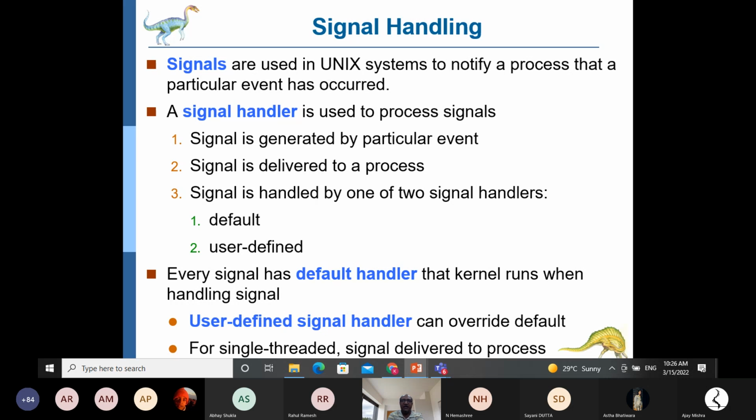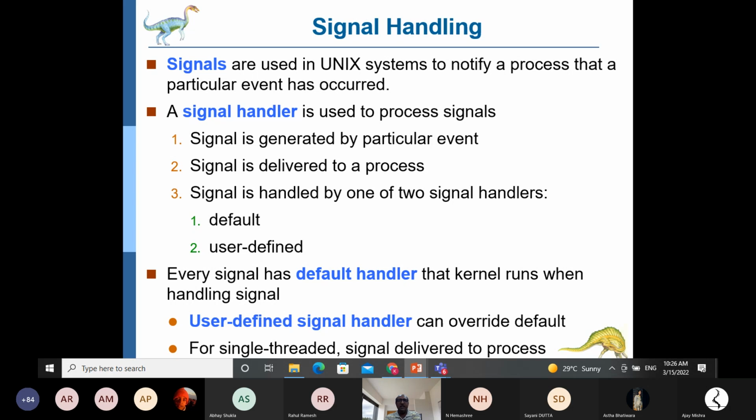Synchronous means the event has occurred due to the execution of the current thread or process. That is a synchronous signal. Asynchronous signal means it has nothing to do with the program execution, and the event has occurred due to an external event. That may be a power failure, or somebody wants to kill the process, for example using Control C, right? Or some other thing. So the signals may be either synchronous or asynchronous.